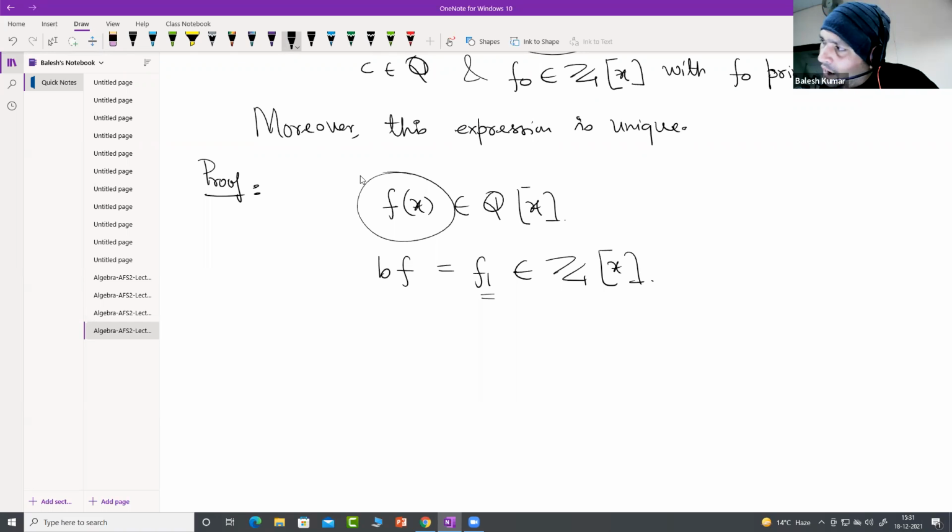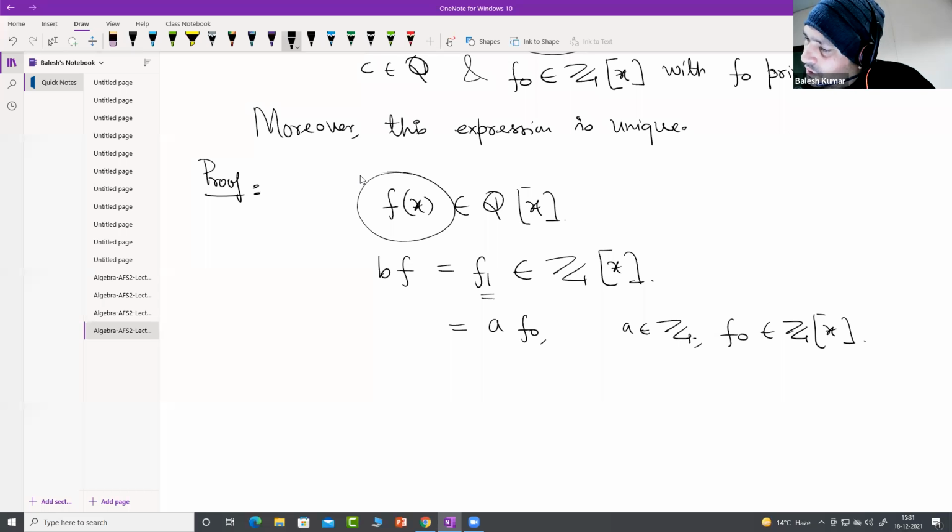Then if we take that GCD out, the remaining thing will be equal to, say, a times f0, where a belongs to the integers and f0 of course belongs to Z of x. Now f0 is primitive.